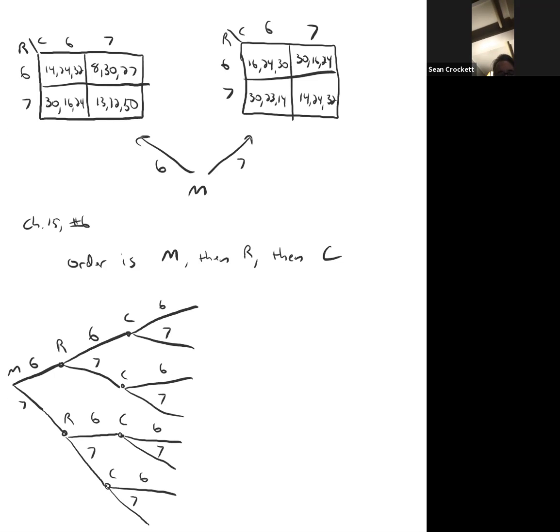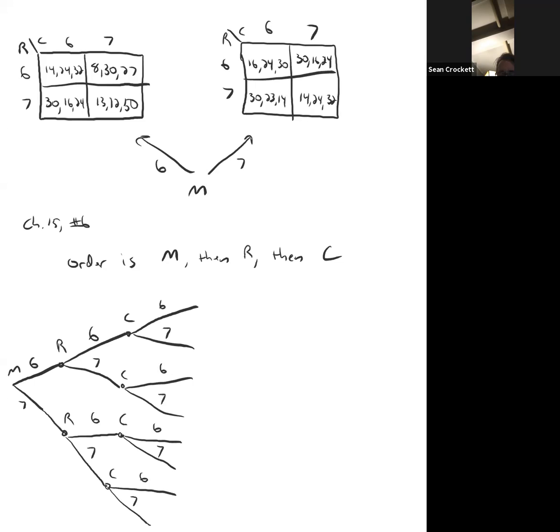Okay, and so this extensive form, if we drew a dashed line through all of C's nodes and for the 2 R nodes, then we'd be back into the game of simultaneous move, right? Where you don't get to know ahead of time. But here we don't have dashed lines, because every player knows where they're at because the game is sequential, right?